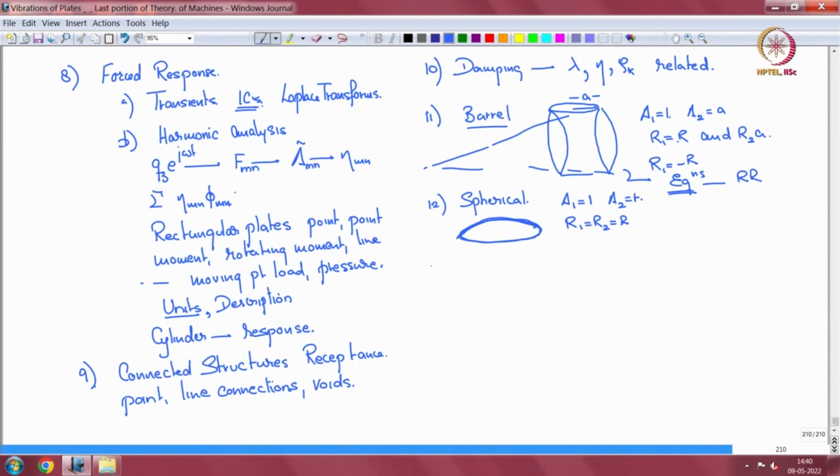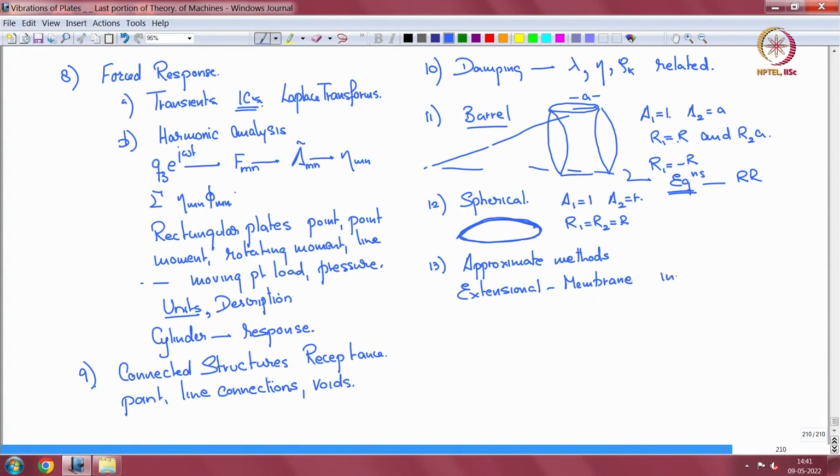Okay. Then there are other approximate methods, or other approximations such as the extensional approximation or the membrane approximation, where in plane displacements are dominant.